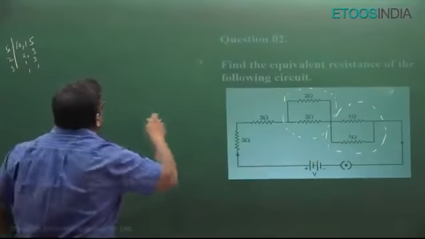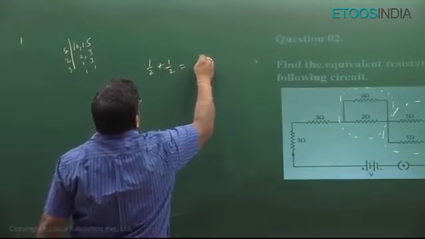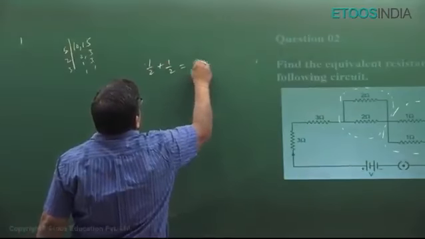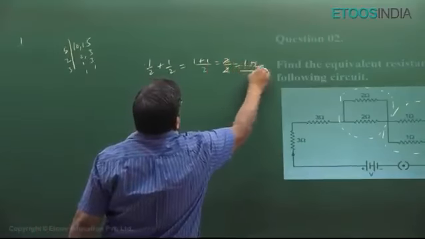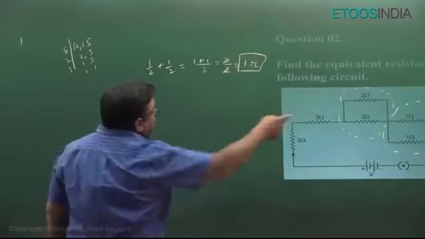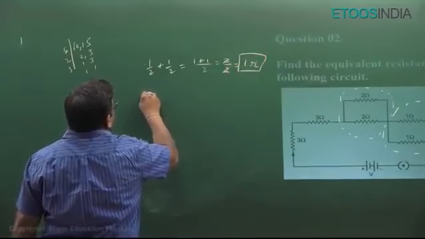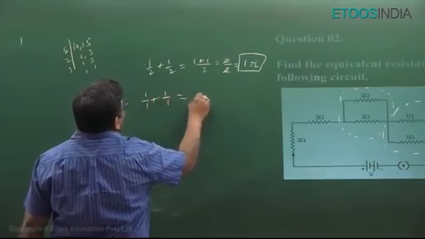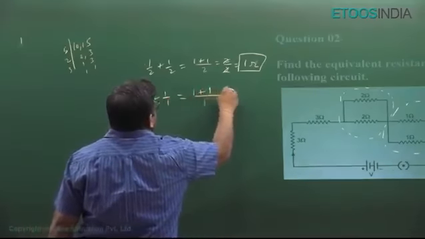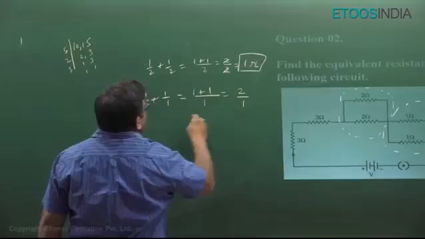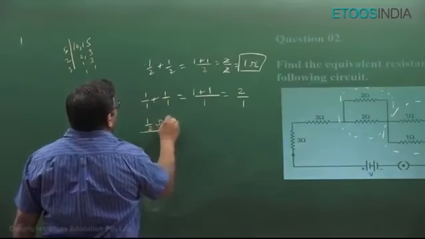So first of all, let me find for this, 1 upon 2 plus 1 upon 2. The answer will be 1 plus 1 by 2, and the final answer is 1 ohm. Is it clear? Now for another combination, the answer will be 1 upon 1 plus 1 upon 1, which is 2 by 1, and the answer will be 1 by 2 ohm.